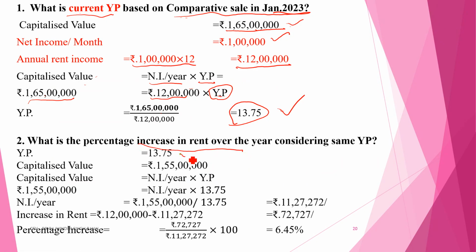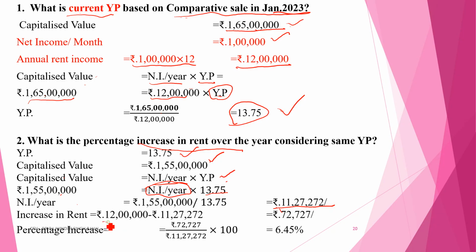So YP is 13.75. We assume capitalized value as 1 crore 55 lakh. We know capitalized value equals net income per year multiplied by YP. So put the value, capitalized value 1 crore 55 lakh, net income per year multiplied by YP 13.75. So net income per year will be 11,27,272.